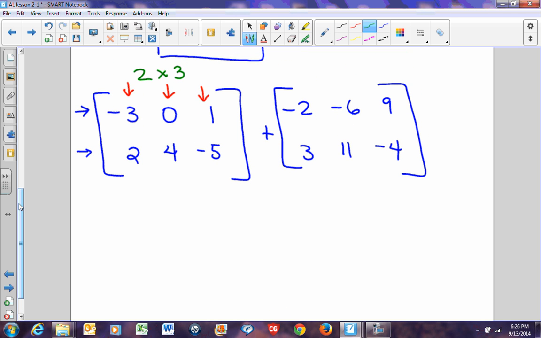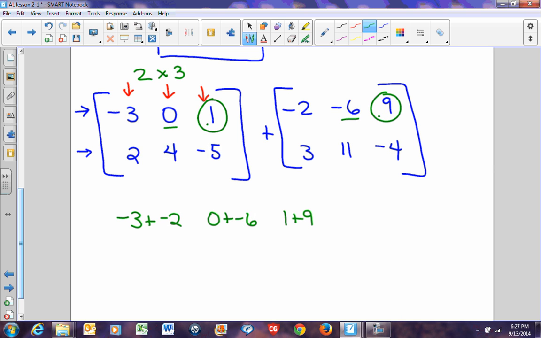So negative 3 corresponds to negative 2. 0 corresponds to negative 6. 0 plus negative 6. And 1 plus 9. Same position. First row, third column. Add them together.